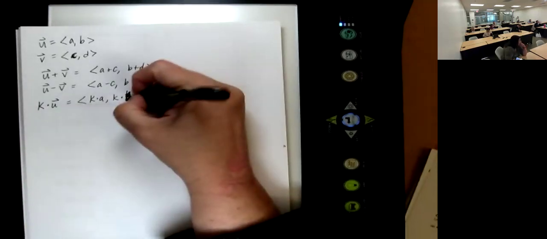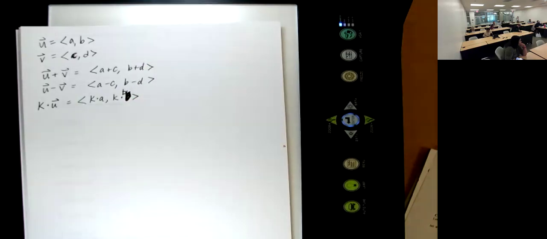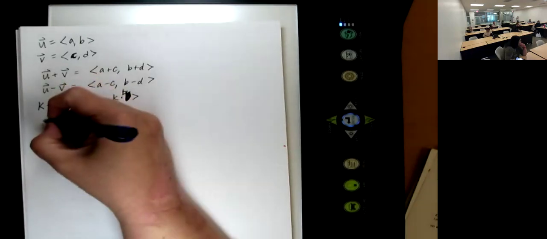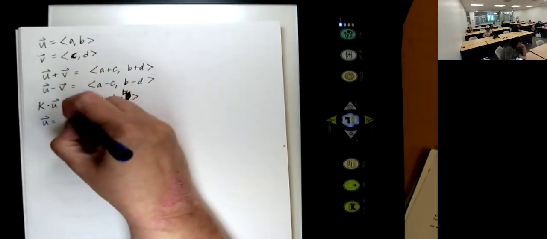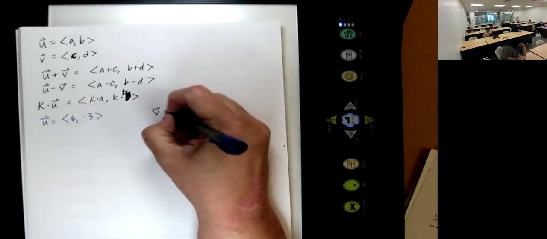Now that looks like an 8, Jesus. But let's give you some practice, we didn't really do a lot of practice with this. Let's say u equals (6, -3) and v equals (-14, 8).